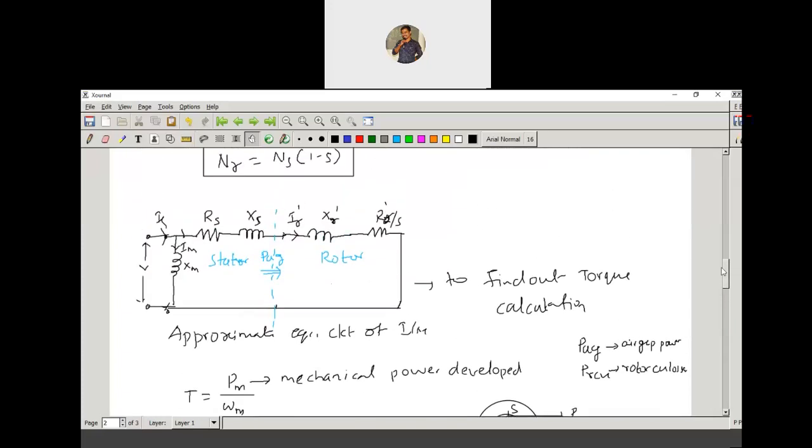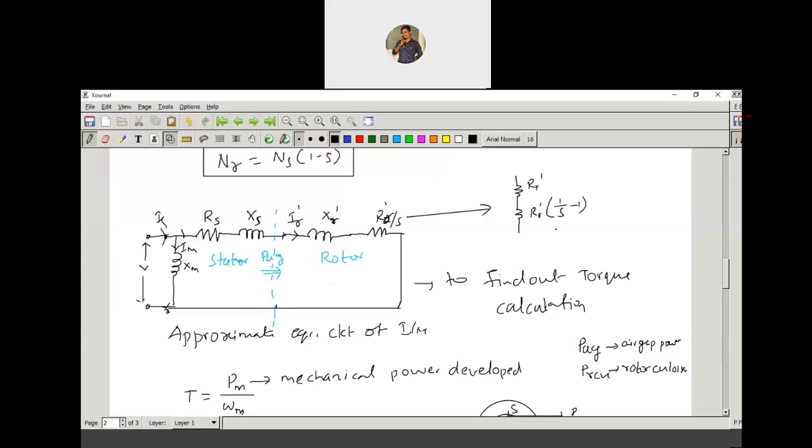To understand that, you can divide this resistance R dash by S into two components: R dash and R dash times 1 by S minus 1.